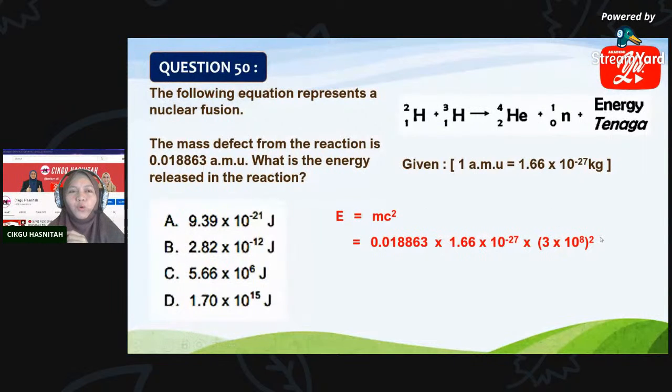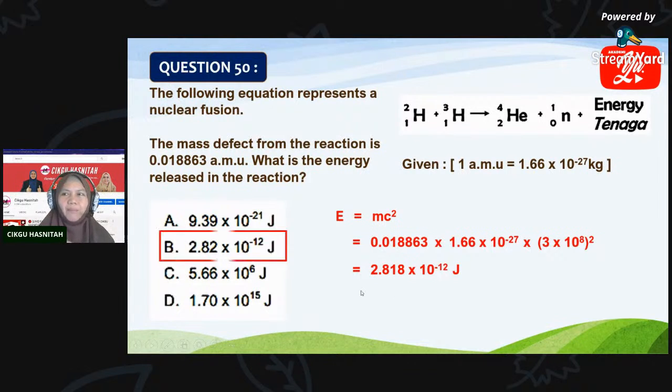So don't forget the square as well. Yes, it is E equal to mc squared. Yes, very good. So by this, we find the energy is 2.818 times 10 negative 12 joule.